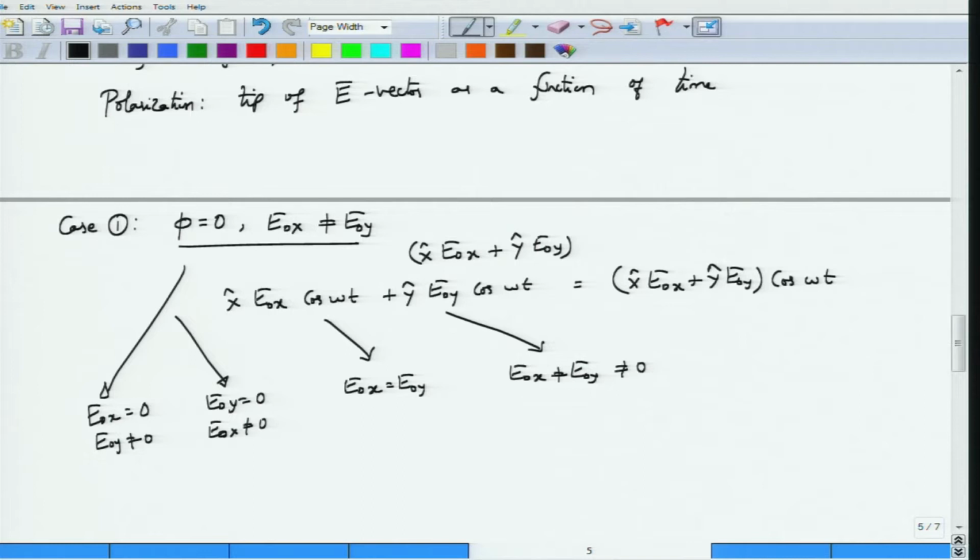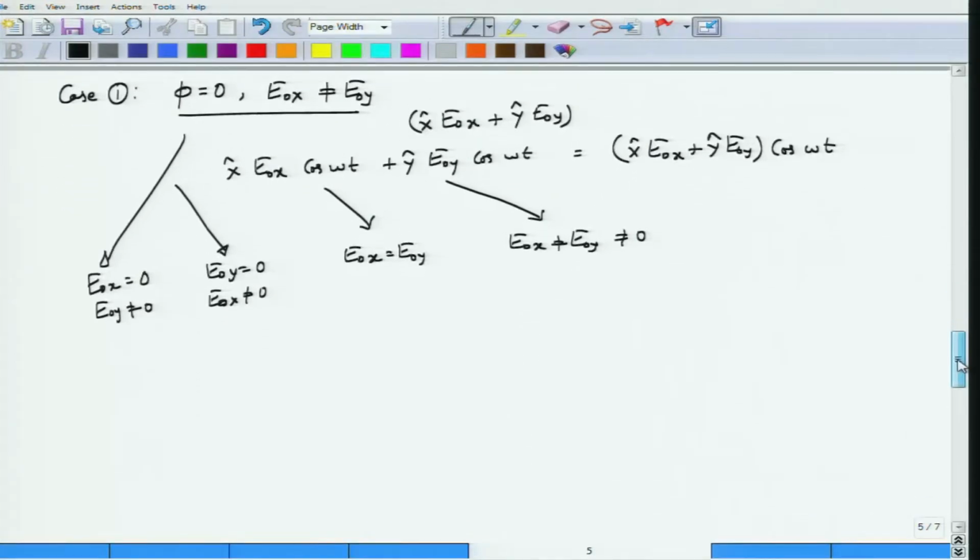You have all these four different combinations, but in each of them, the tip of the electric field vector will point only in a particular direction. What direction is that? When E0x is equal to 0, the electric field will have no x component, it will only be pointing in the y direction.